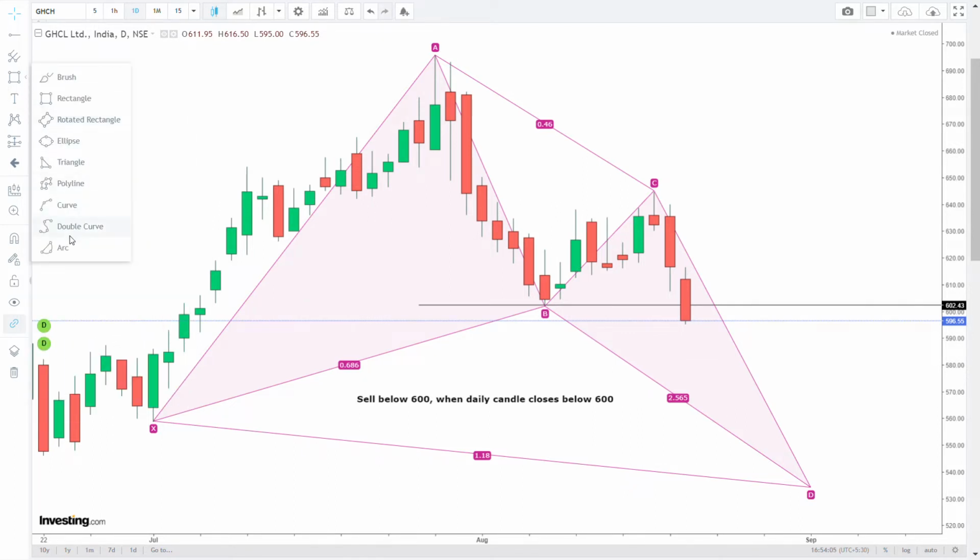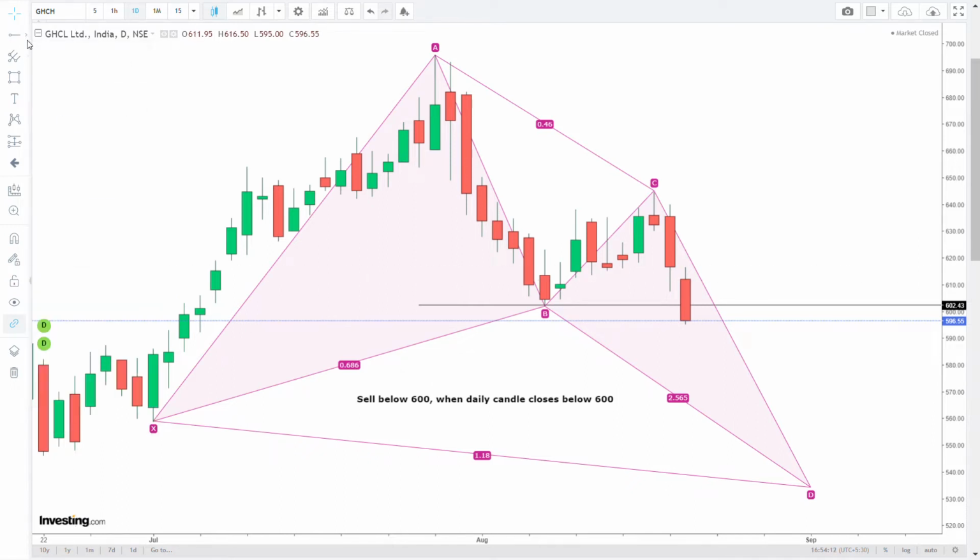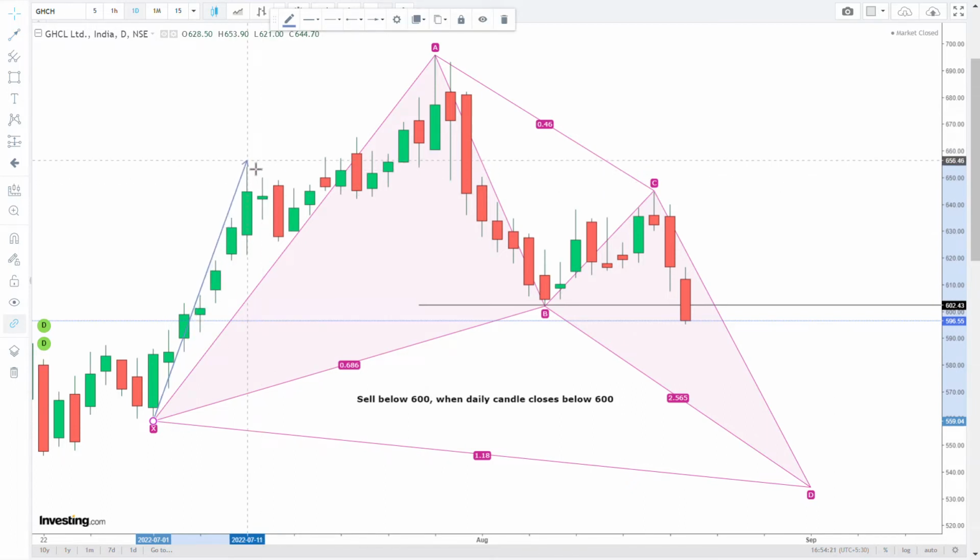Okay, so we can also see the price action. Wait a second, I will draw it. Okay, so from this level what we can do, we can mark it here up to here. Yeah, this level.